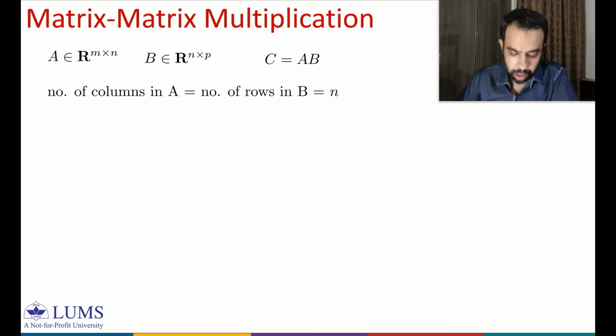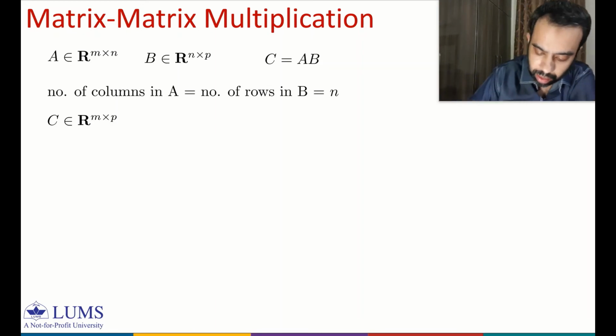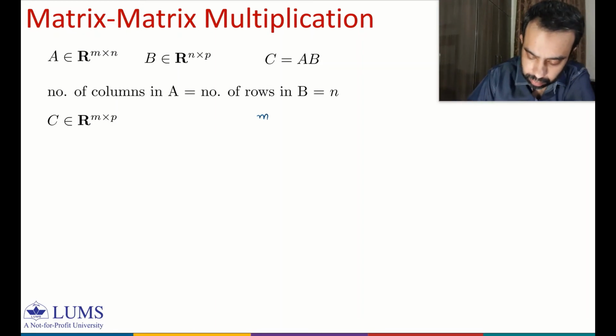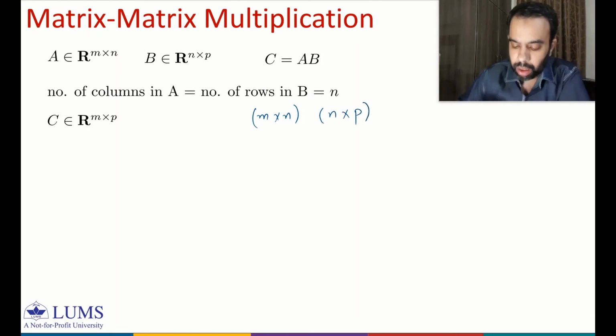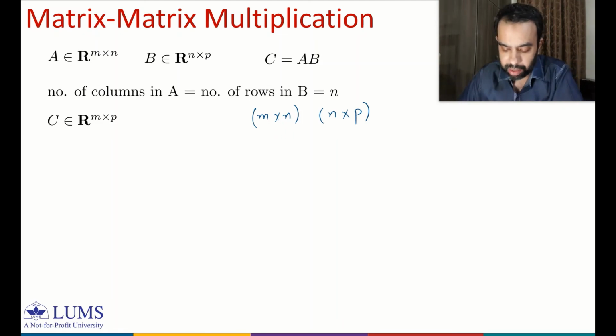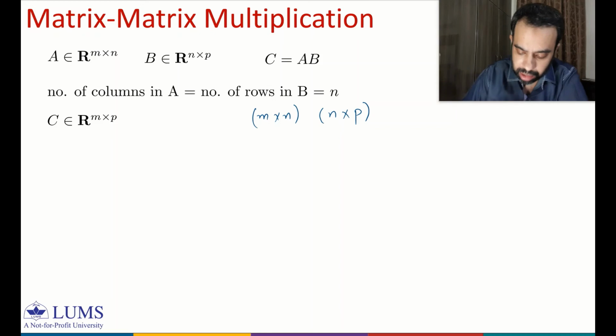And the size of C, what you obtain by multiplying A and B, belongs to R m cross p. Let me write the dimension of the first matrix, m cross n, and you multiply with a matrix B whose dimension is n cross p. The multiplication of these two matrices is compatible in the order A times B when these dimensions match.